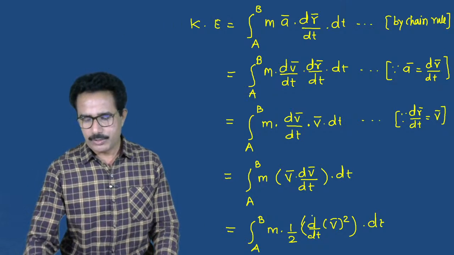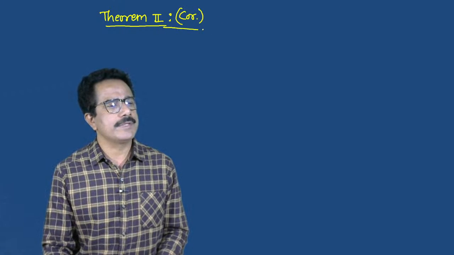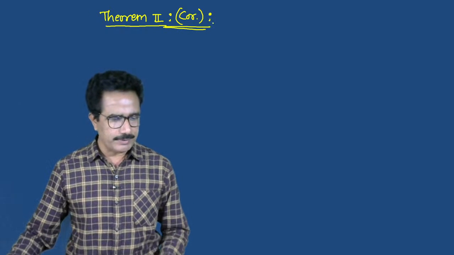Now we shall move towards the next theorem, theorem number 2, and it is called a corollary. Or it is also called the corollary of the first theorem. What is the statement of the corollary?